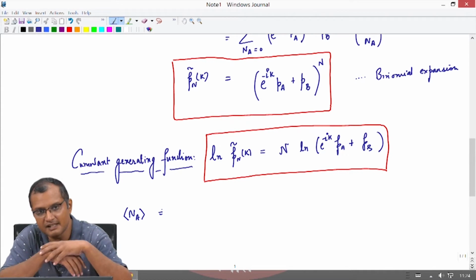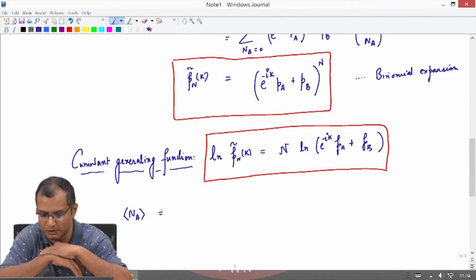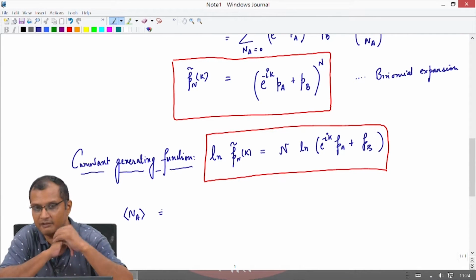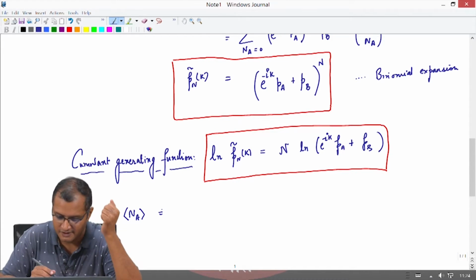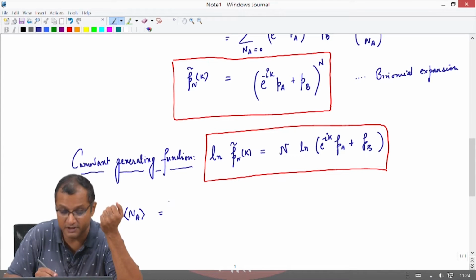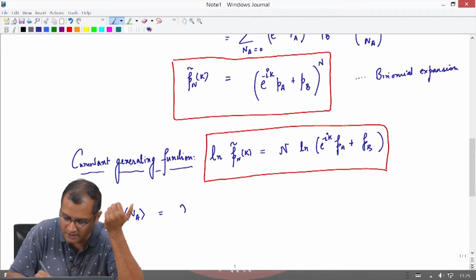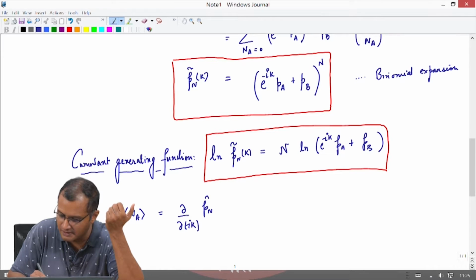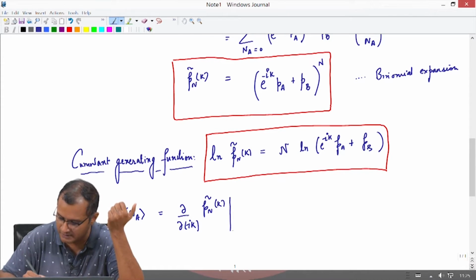So, after n trials you will get approximately half the number of heads, that is known to you, but you can also see that it is straightforward. It is also obtained from your formula here. If you just use the definition of means, well, the average of NA is nothing but the first derivative with respect to ik of your moment generating function after n trials, and this has to be computed at k equal to 0.